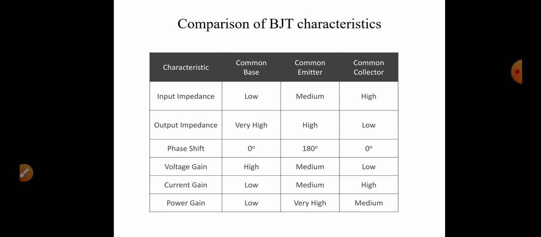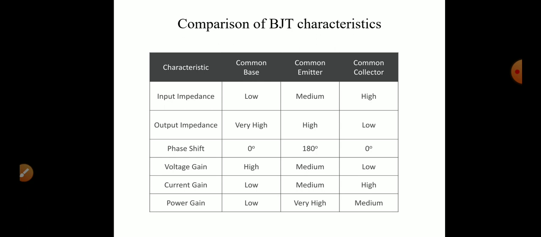Phase shift. Phase shift is the shift provided between the input and output. In common base configuration, there is no phase shift. That means the phase shift is 0 degree, and similarly for common collector the phase shift is 0 degree.